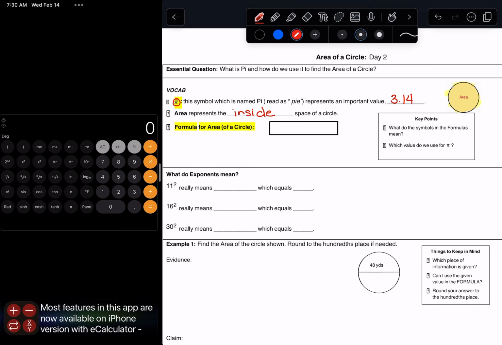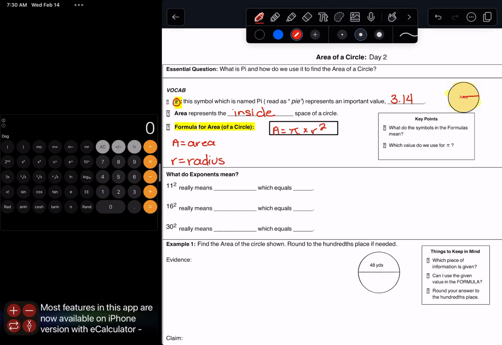Area for a circle, the formula is A equals pi times r squared. Let's remember what the symbols mean. A stands for area, r stands for radius, and remember the radius is from the center of the circle to the outside, so it's that type of line.